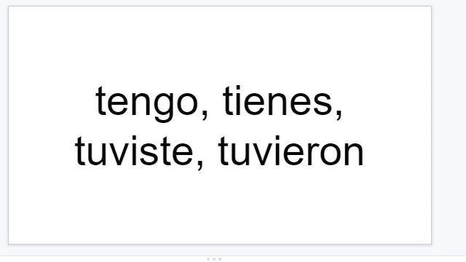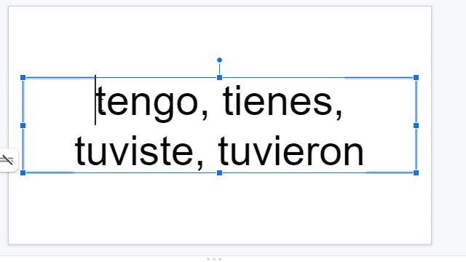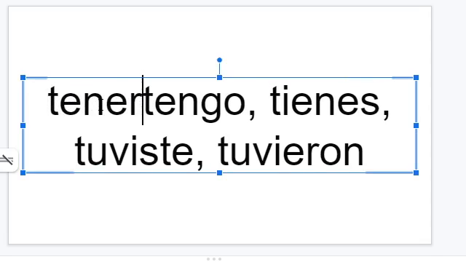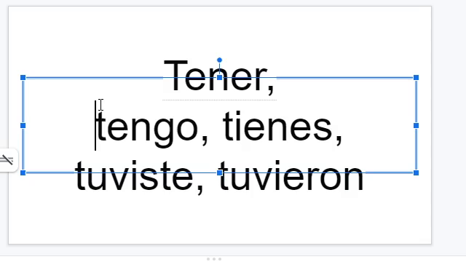The verb to have is spelled T-E-N-E-R. But when you are saying I have, there's a letter G. There's not a letter G in the root verb, but there's a letter G when I say I have.